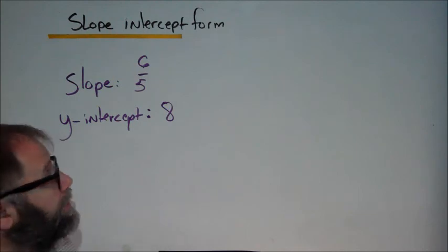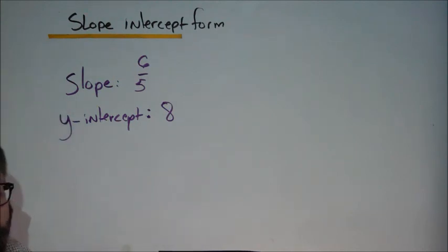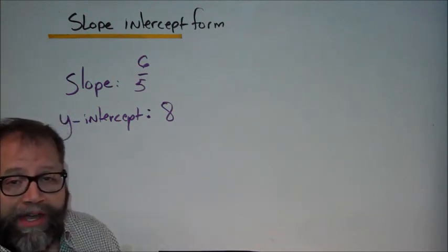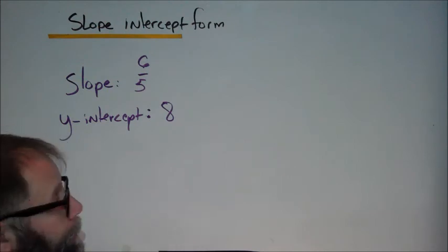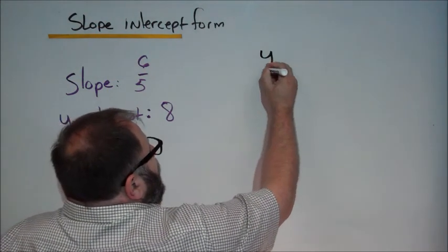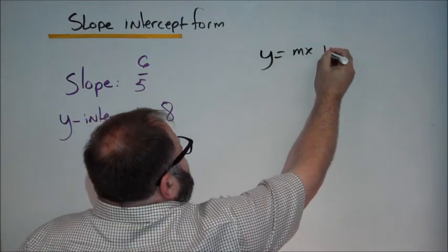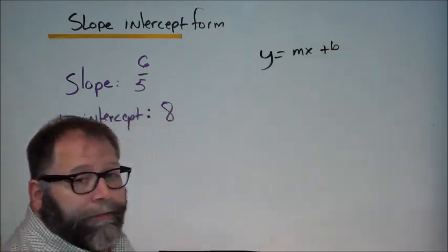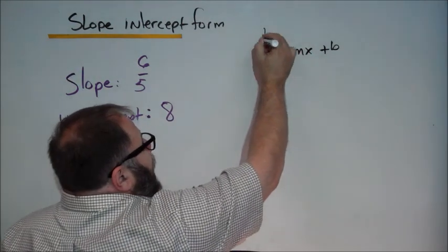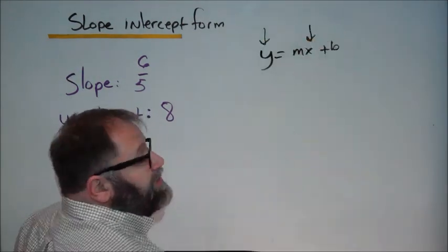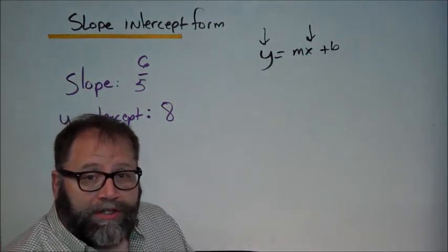If we're given the slope and the y-intercept, we should be able to write an equation in slope-intercept form. Don't forget, slope-intercept form is y equals mx plus b. Critical in this is that the y and the x are going to stay, and we're just substituting in values.